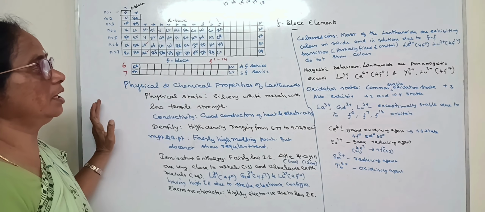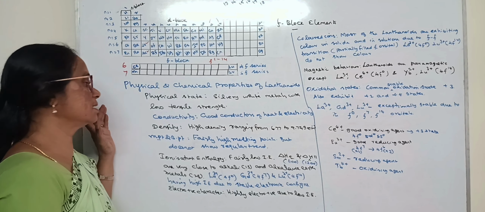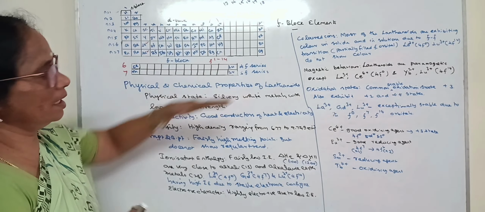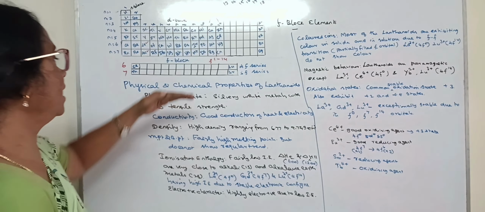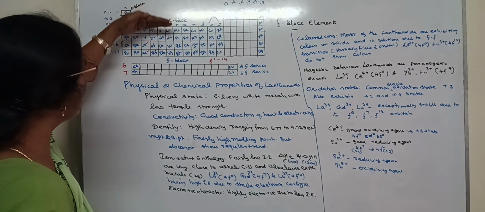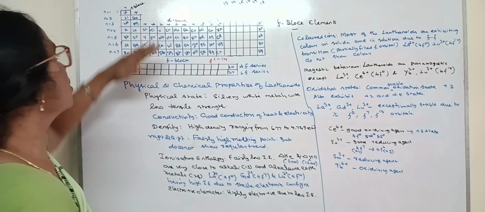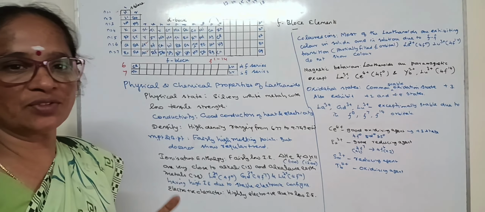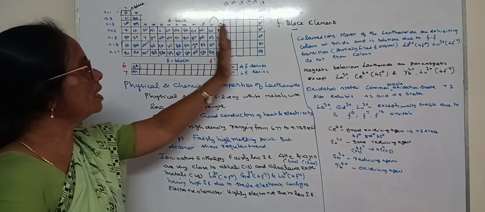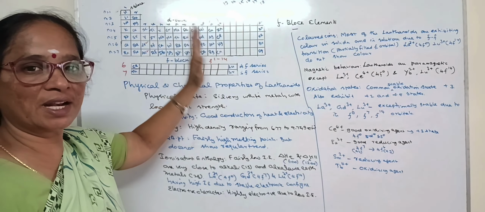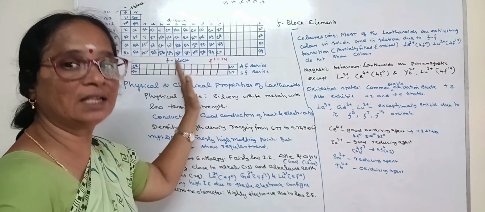Physical and chemical properties of lanthanides. Actually, these elements are mostly metals and they are lying just below the periodic table. On going down the group, most of the physical properties will vary because the periodic table exhibits different properties in different directions.